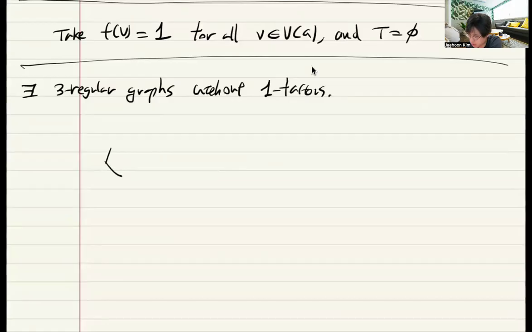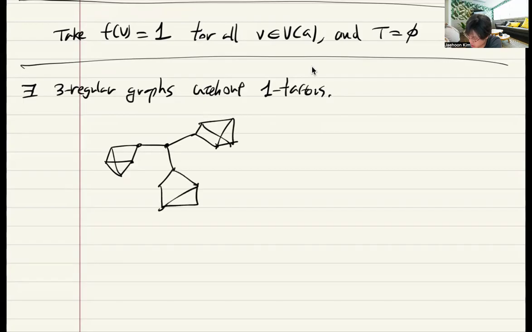For example, the smallest such graph, if you want to find one, we can consider this graph. You take a complete graph on 5 vertices, and then you delete these 3 edges: a path of length 2 and then 1 edge.